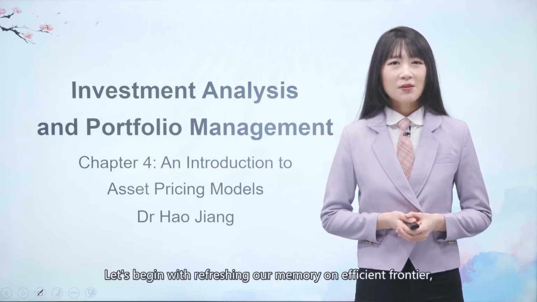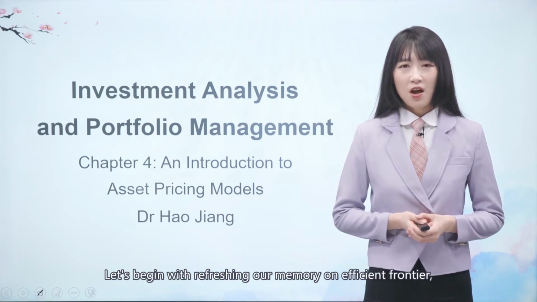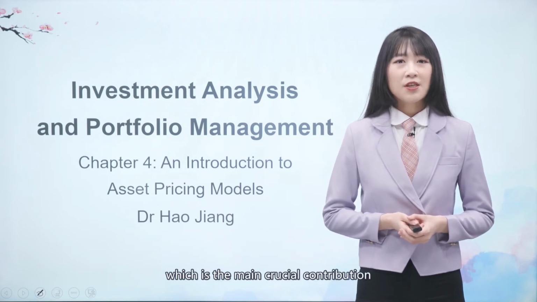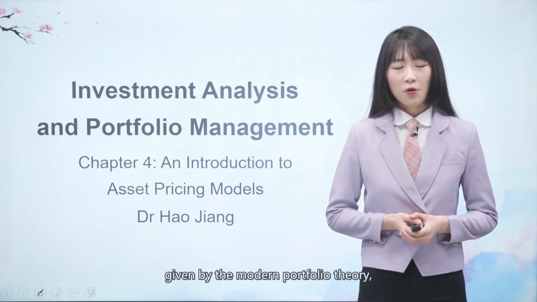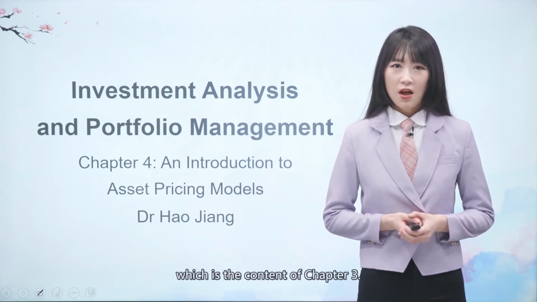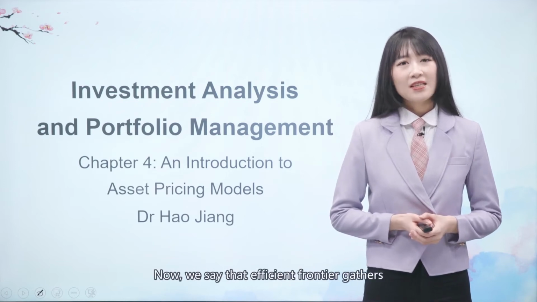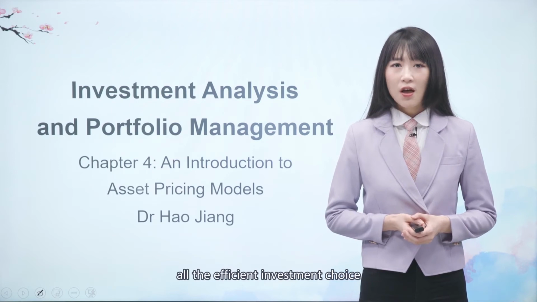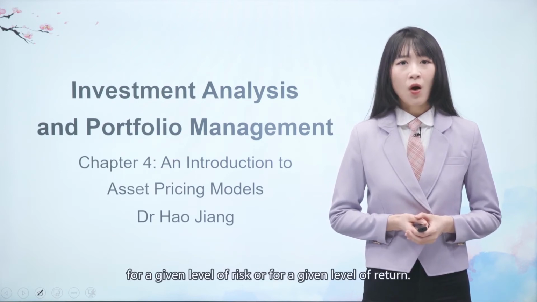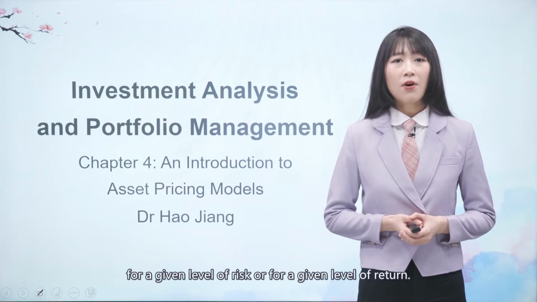Now, let's begin with refreshing our memory on the efficient frontier, which is the main crucial contribution given by modern portfolio theory, the content of Chapter 3. We say that the efficient frontier gathers all the efficient investment choices for a given level of risk or for a given level of return.